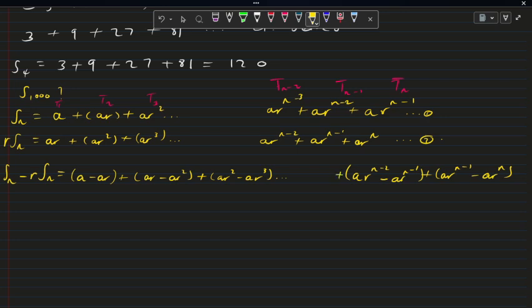I don't think I'll have enough space, but that worked out. And lastly, ar to the n minus 3 minus ar to the power of n minus 2.